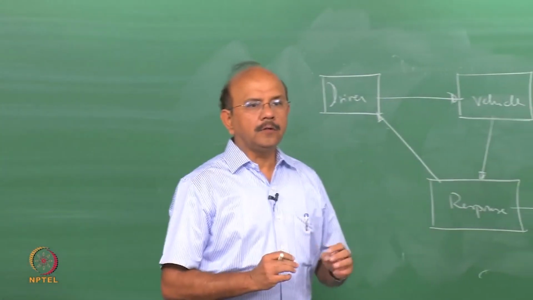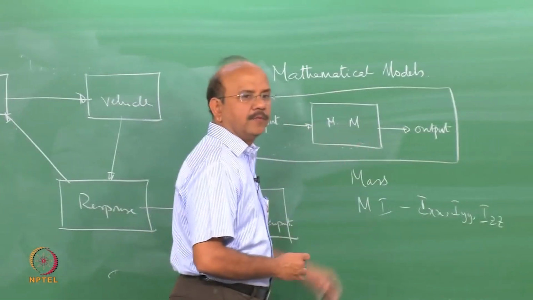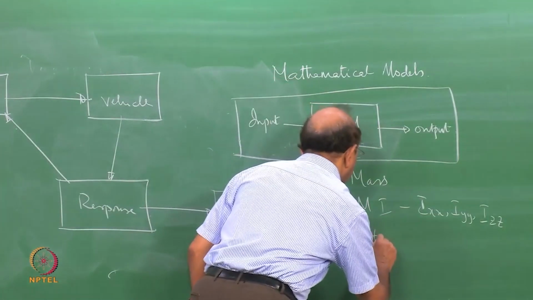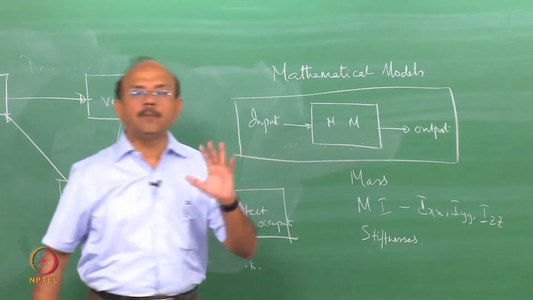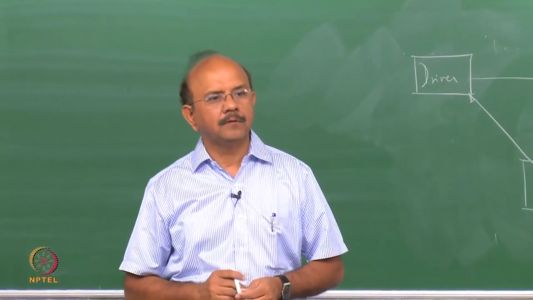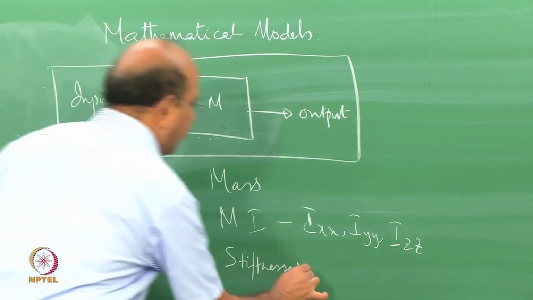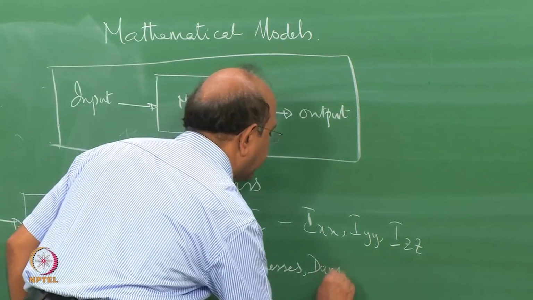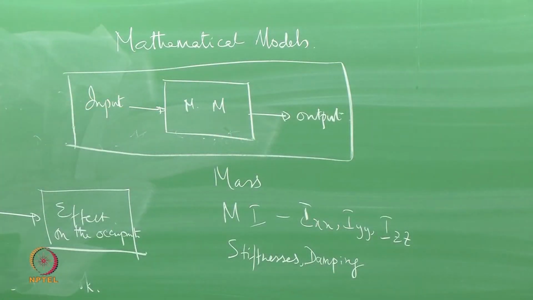We will talk about stiffness, or in other words, we will include stiffnesses. We will talk about the stiffness of the springs which form a part of the suspension system. We will talk about damping. So, damping and stiffness are the things that enter into the mathematical model.